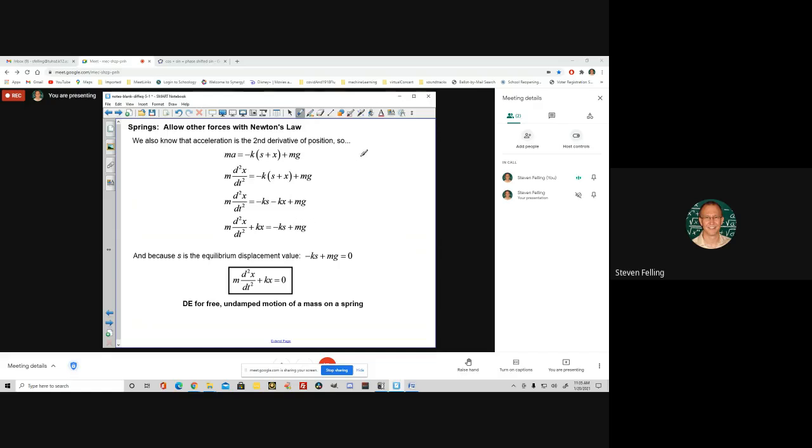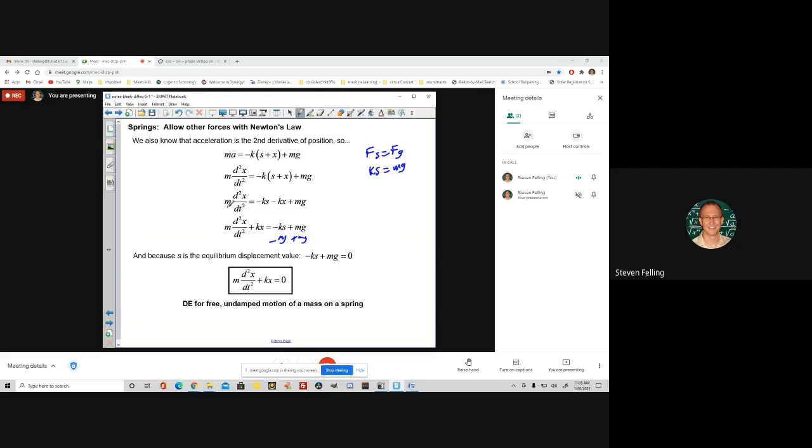But because at equilibrium, the force of the spring is balancing the weight of the object, that means that ks is equal to mg, and therefore, if we take negative ks, I could substitute an mg in here. So this would be negative mg plus mg, which means this is 0.